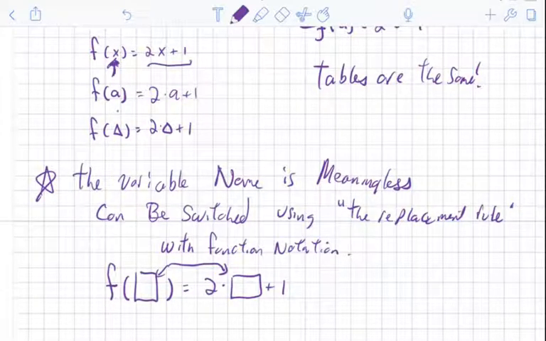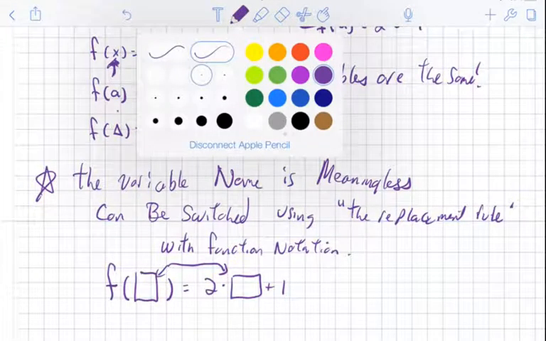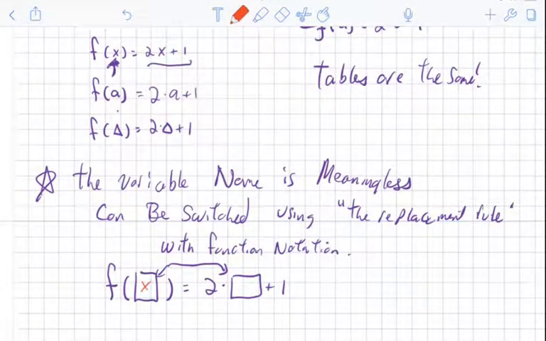Okay? So if that's a 2, write a 2 over here. And that means evaluate the function at 2. If you write an x, write an x over here. If you draw a happy face in here, draw a happy face over here. Hopefully it means something. Okay? Function notation gives us a super powerful tool.